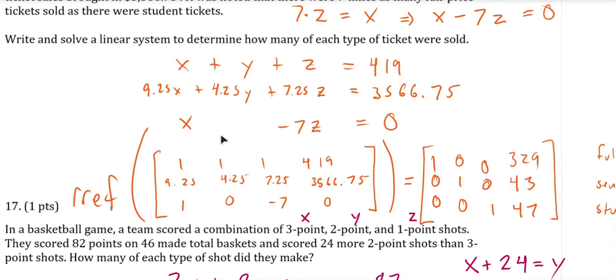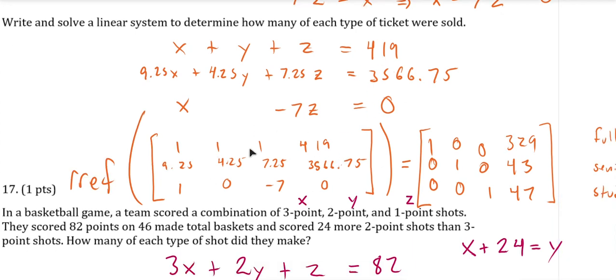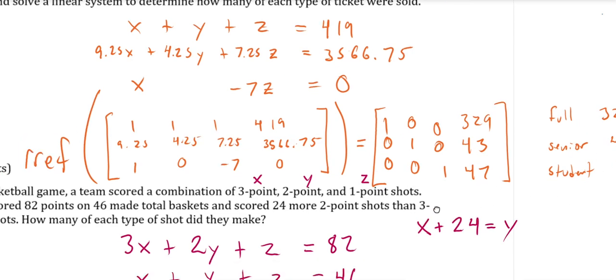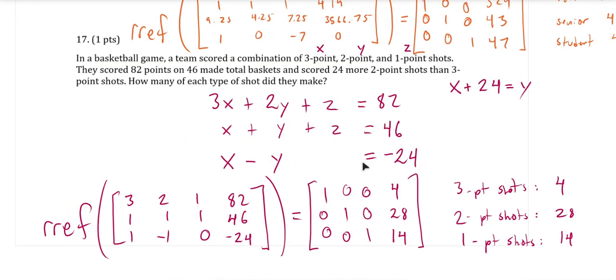And then we have this one that x is equal to 7z, which can be rewritten this way and so made to fit into our linear system. So I'm just going to type that whole thing into a matrix, take the reduced row echelon form of that to find the following. That tells us that there were 329 full price tickets, 43 senior tickets, and 47 student tickets.